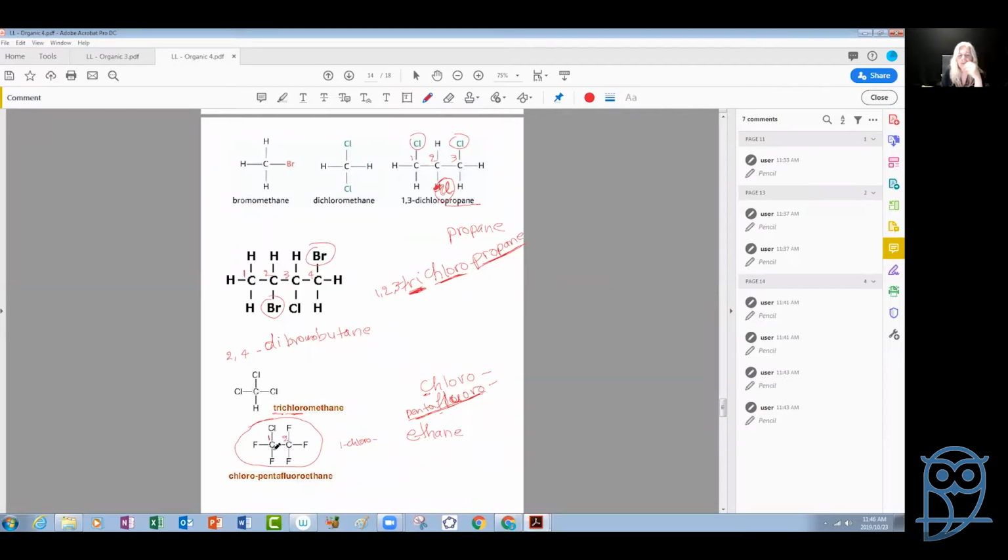It wouldn't make much difference, isn't it? So pentafluoroethane. We could say actually 1,2 penta, pentafluoroethane.